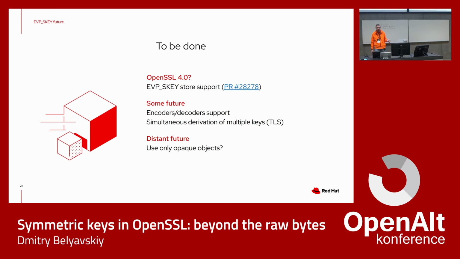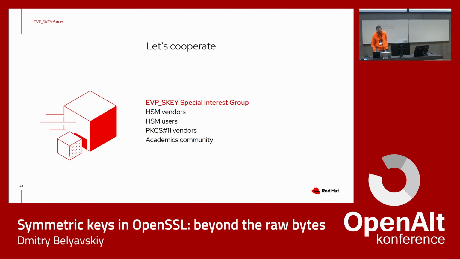But when we are speaking about an opaque object, you can't chop anything into parts, right? So it means that we will have to design first and then implement an API which makes this scenario viable for OpenSSL. And I hope in the distant future we will use only opaque objects or mostly opaque objects.